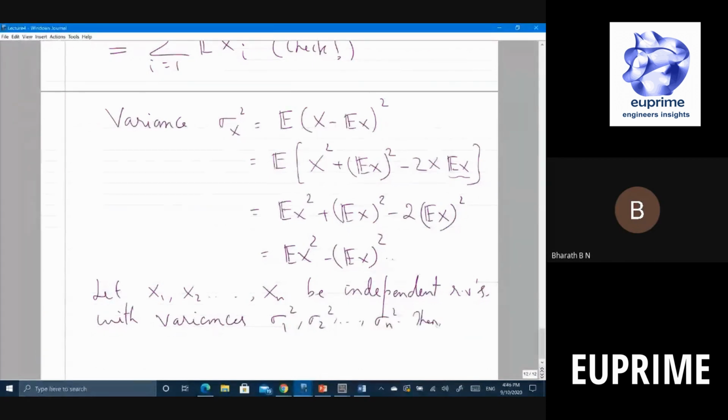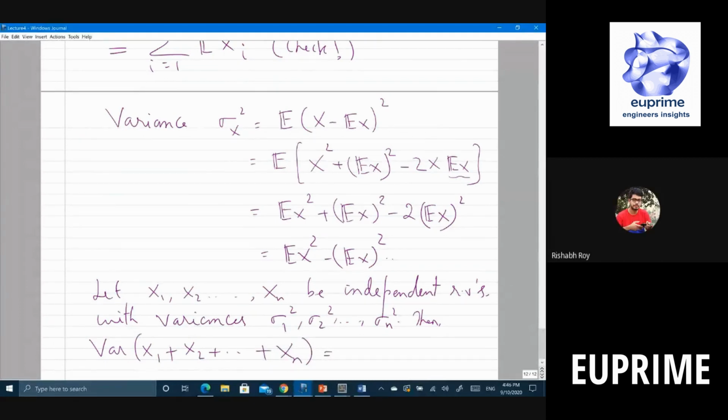Then what can you say about the variance of x1 plus x2 plus and so on xn? Can somebody tell me? The summation of those. Yeah, so it will be the summation, right? This happens only if they are independent. If they are not independent, then this is not true.